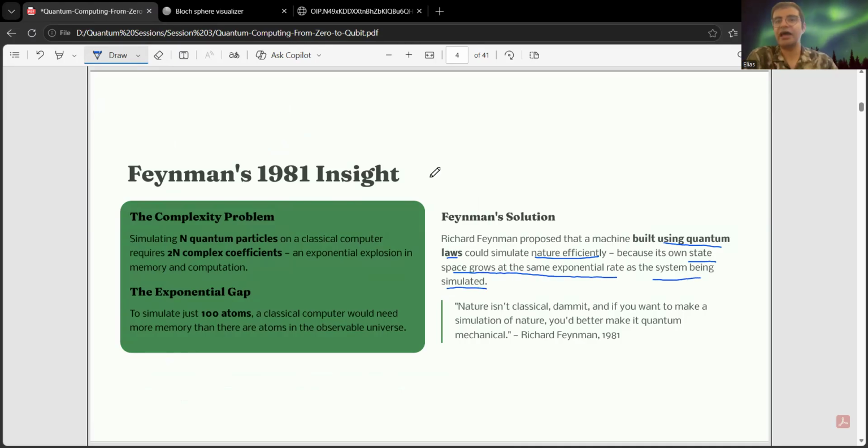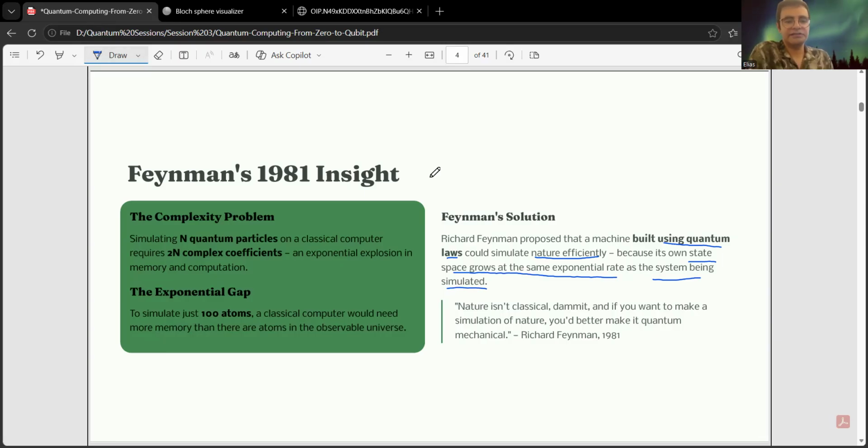You see, if you have a plant or a flower outside, they're all using quantum mechanical features to absorb the sunlight and convert that to energy. So again, as Richard Feynman truly said, nature is not classical. It is quantum mechanical, and we have to ultimately move to a quantum mechanical way of doing things.